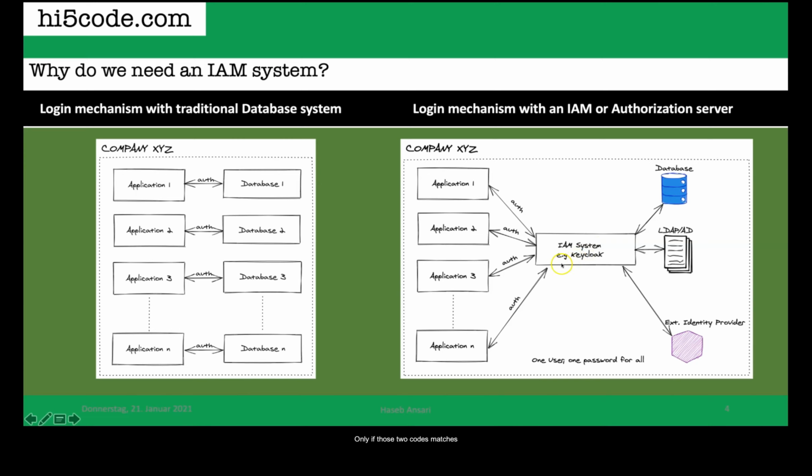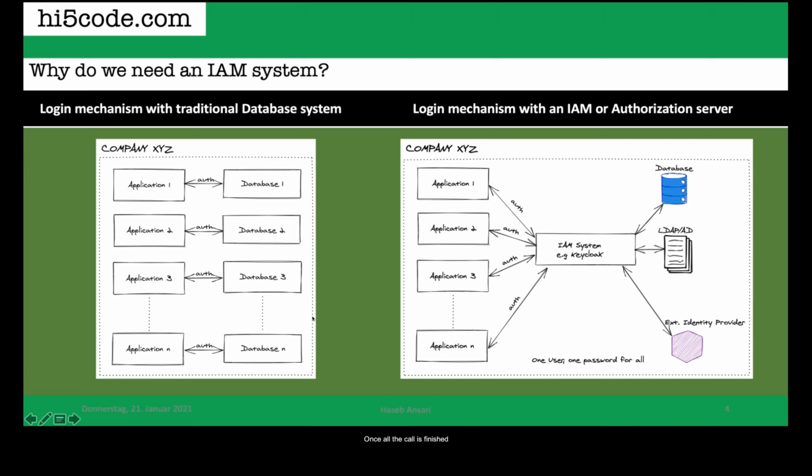Only if those two codes match will the IAM system send back the access token to the application, which is the final call. The user can use this access token to get access to the protected resources within the scope of his access rights.